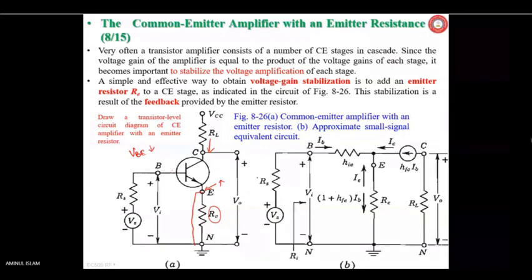If this bias voltage is decreasing, what will happen to the current IB or IC? Obviously, decrease. IC will decrease because if you apply more bias, you get more current, and with less bias, less current. If VBE is more, your IB is more, and if VBE is less, IB is less. If IB is less, then you know that IC is beta times IB, so IC is also going to decrease.